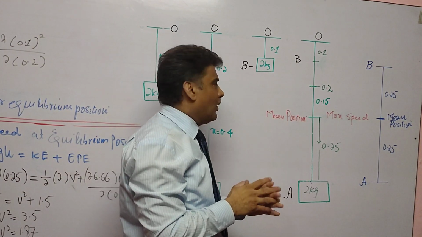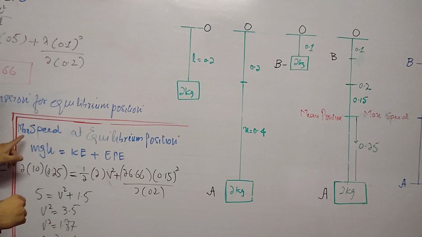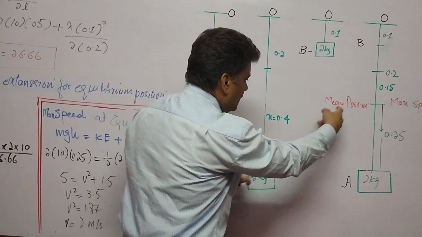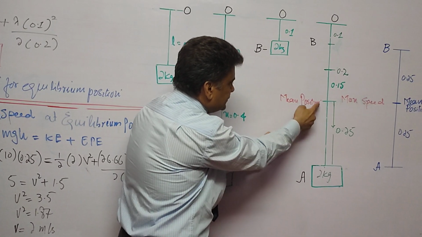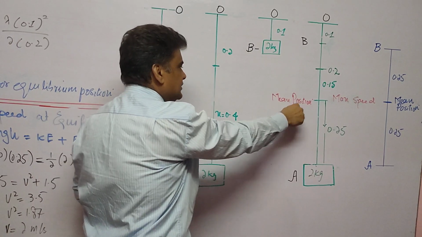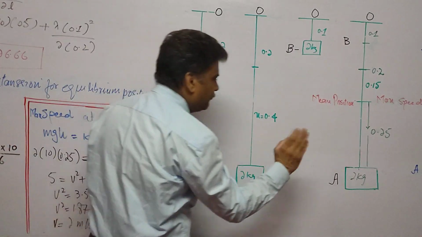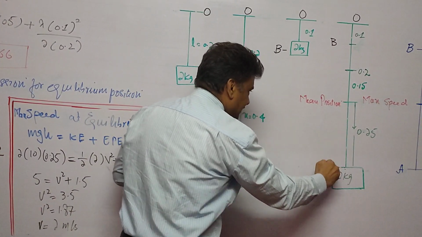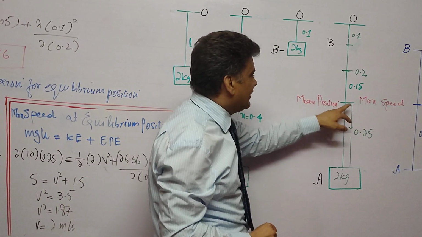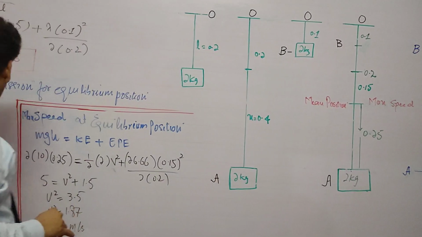Okay? We now have to find the maximum speed of the particle at the equilibrium position. You know the distance from this to this is 0.25. So the gravitational potential energy for mean position will be equal to mgh, and when it moves in the upward direction, the extension in string is 0.15.